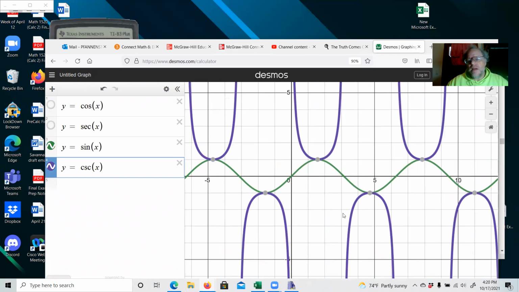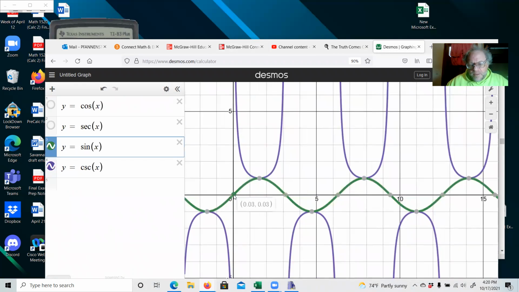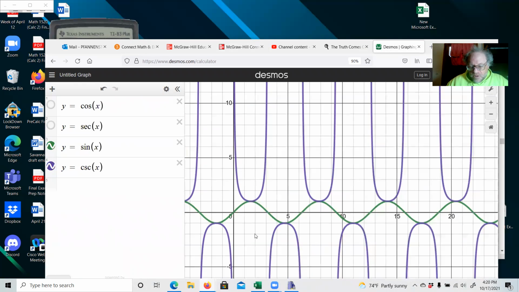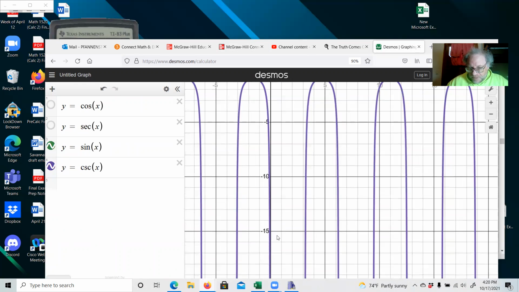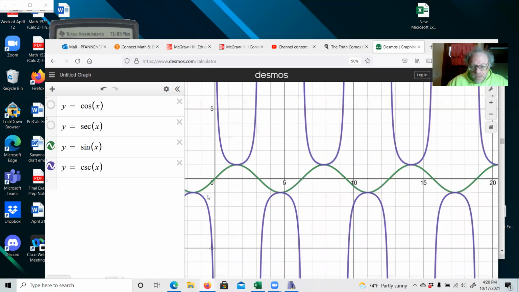Okay. So same with sine, right? When we get to sine 0, we're going to have a cosecant value. It's going to pretty much be an asymptote that goes off to negative infinity. On the other side, it's going to be positive, right? And then back up to positive infinity.